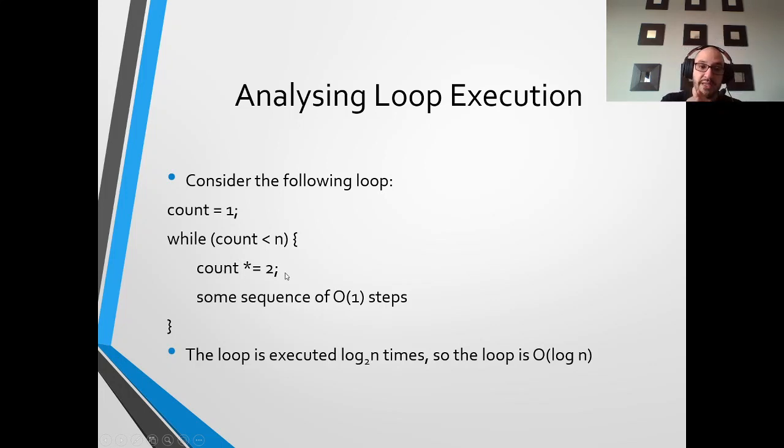So as you can see, the growth of count is faster than a linear growth. That means that this while loop is not going to happen as many times as n. So that sort of algorithm is known as category O(log n).